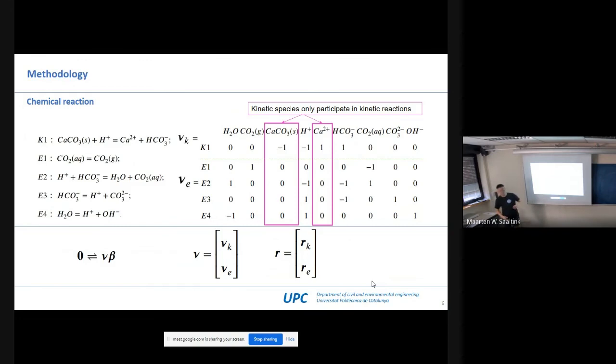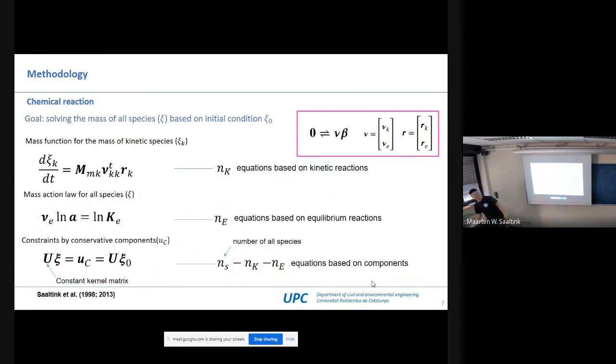So that's the reason we solve them all together. This here is actually a function of all species. Although in the reaction we only have the activity of the equilibrium species, the activity of the 9 kinetic species is also affected by the other 5. They are affected by each other.